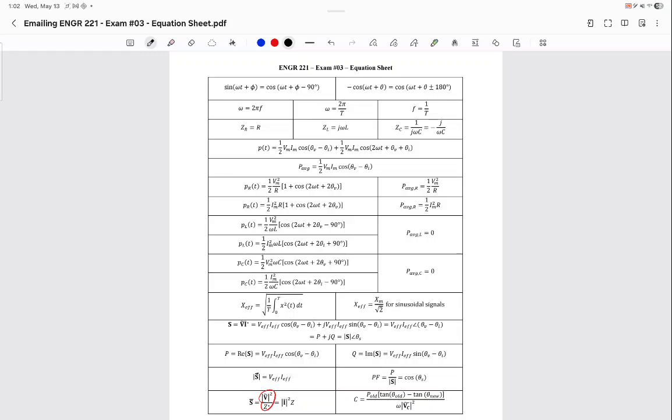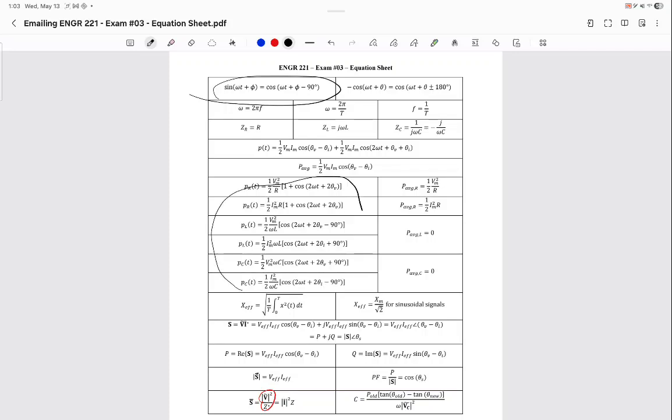The very first one is a trig identity. We're trying to find the average power, right? What do we have? We have the impedance ZA and we have the current passing through that. So tell me which equation I would choose.